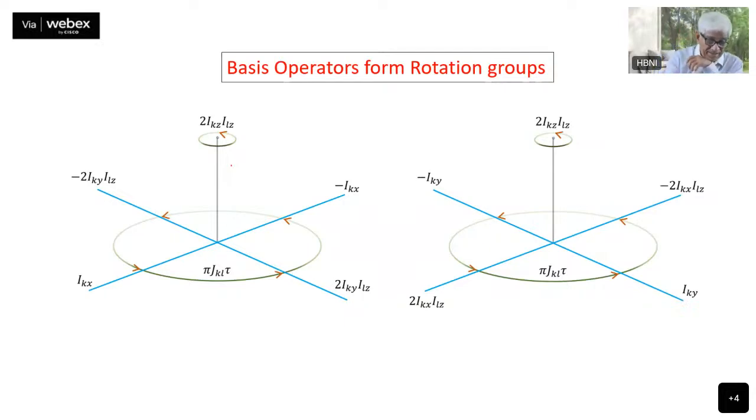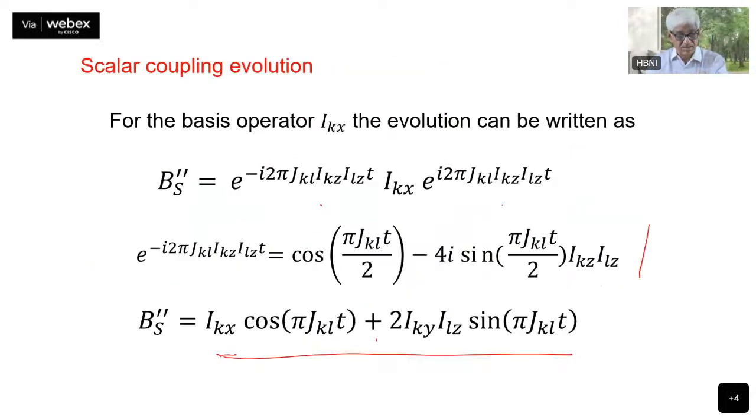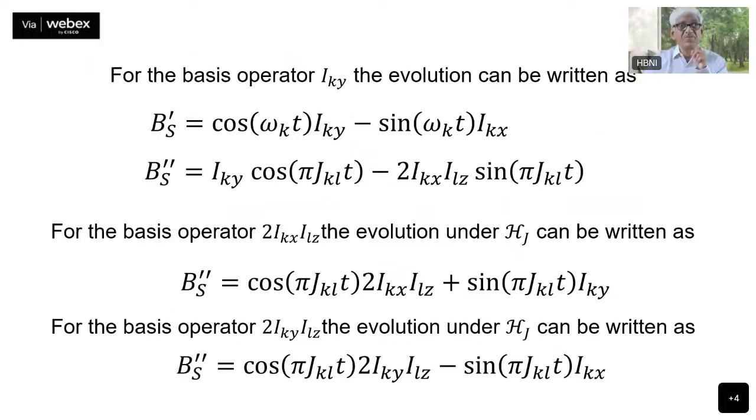If I start with Kx, you notice I got I_kx and 2 I_ky I_lz, right? The previous formula. If I start with I_ky, I get I_ky and minus 2 I_kx I_lz. This is under the influence of the coupling.